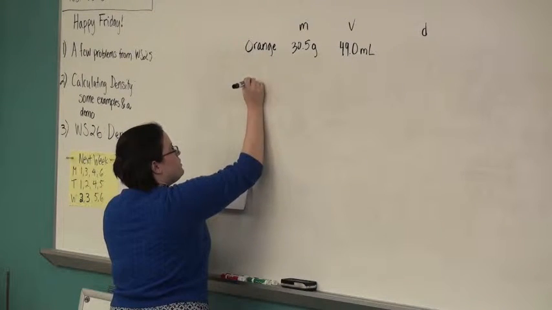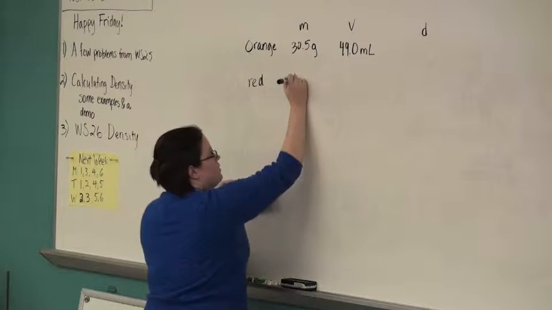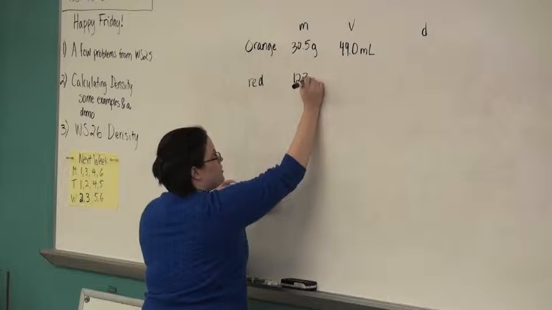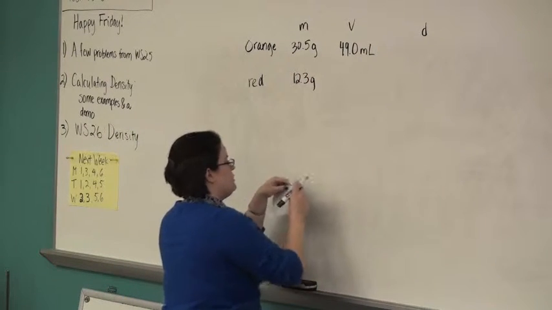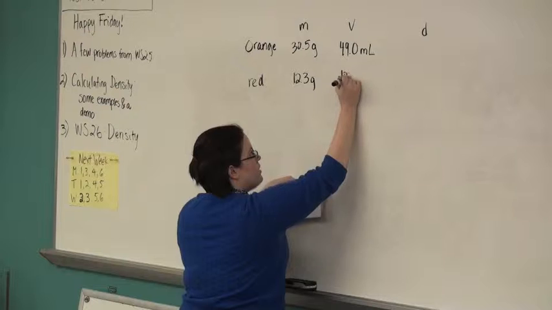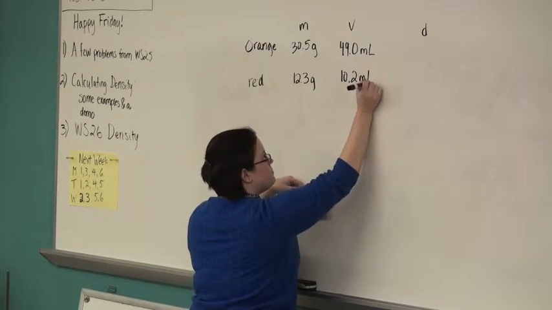The red liquid, if I had 12.3 grams of it, would take up 10.2 milliliters.